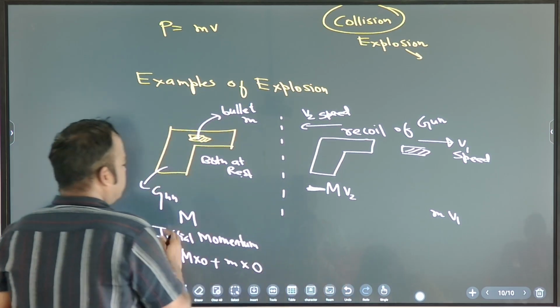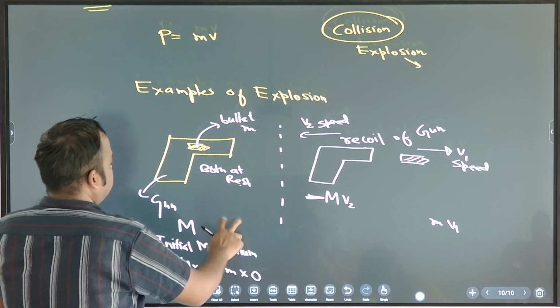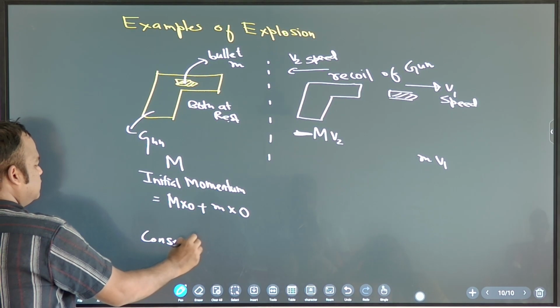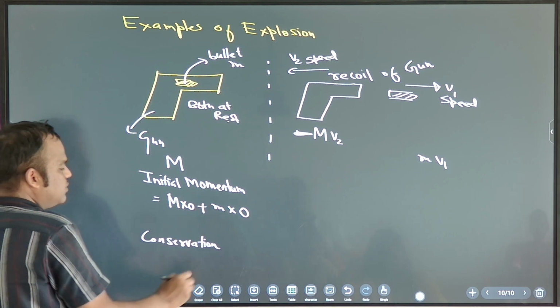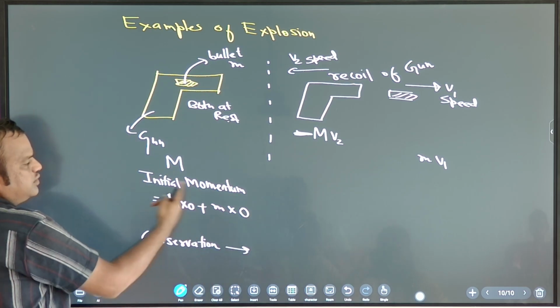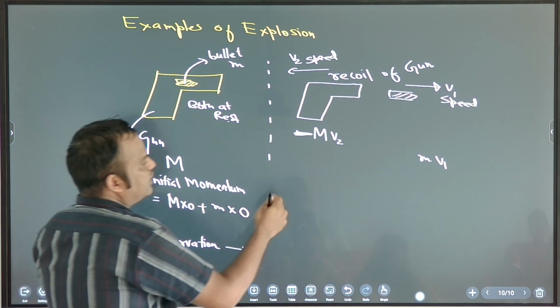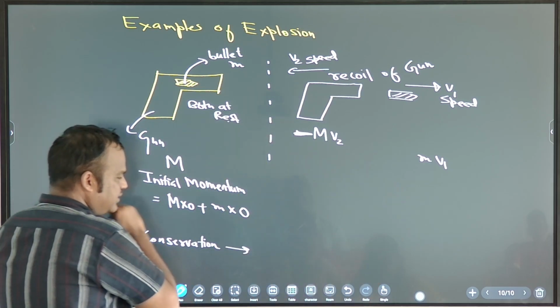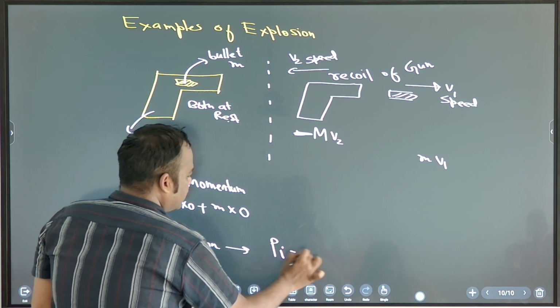So we can conserve the momentum. What is conservation of momentum? Conservation means the initial momentum total is 0, so the final momentum is also 0. So momentum conservation means initial and final are equal.